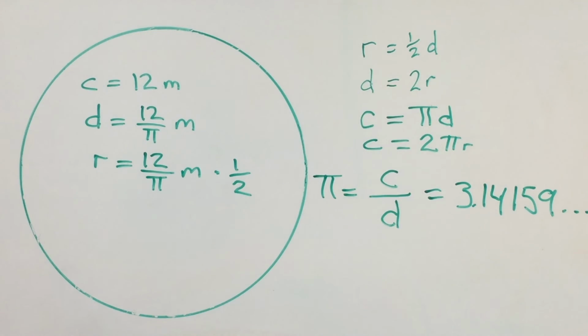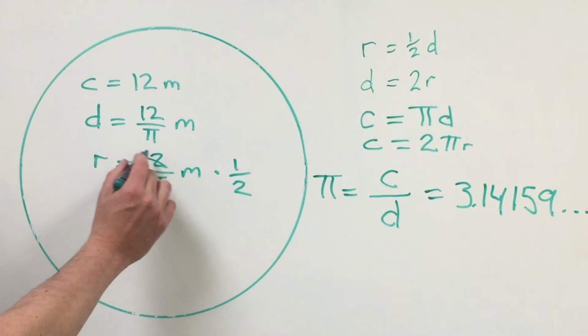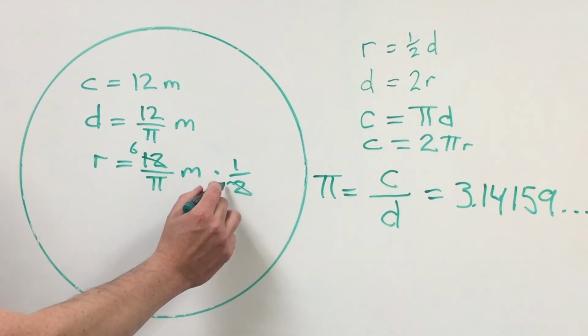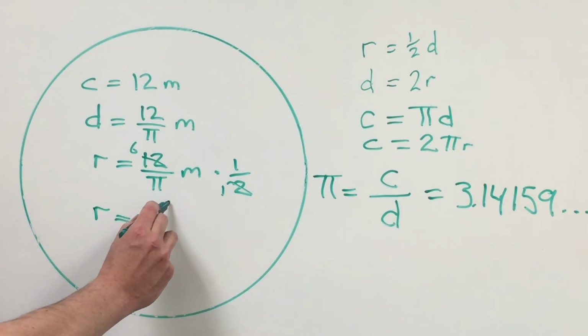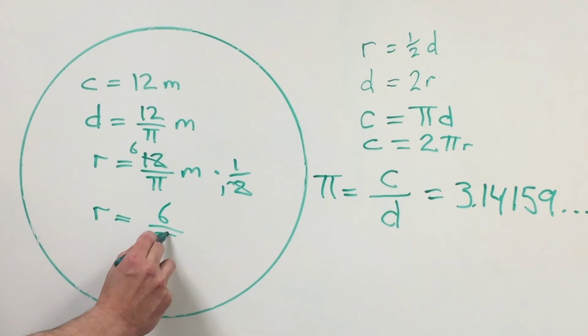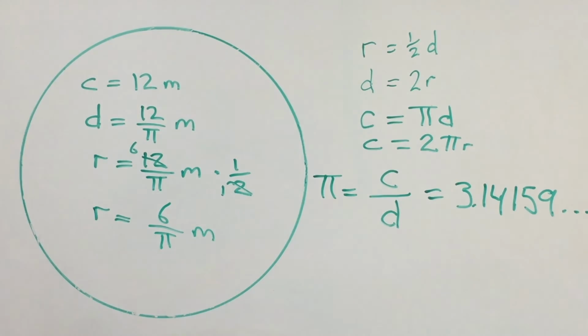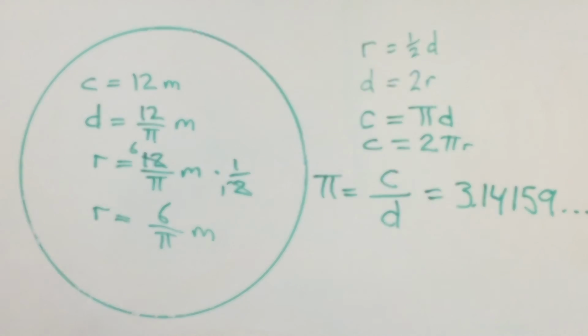We can cancel using the 12 and the 2, leaving us with 6 over pi meters. And again, we could round pi to a number of digits and do the division here if we wanted to.